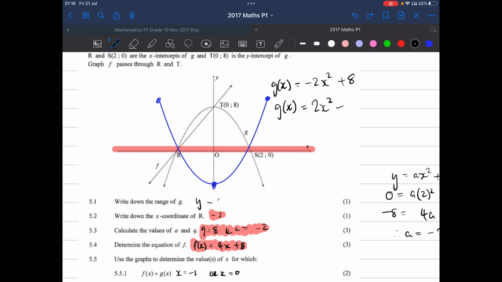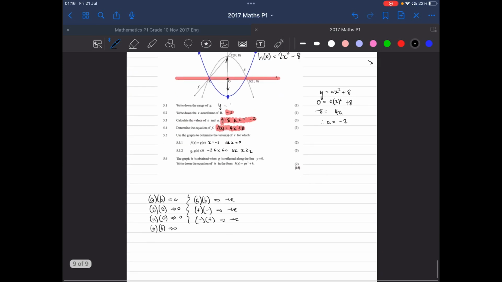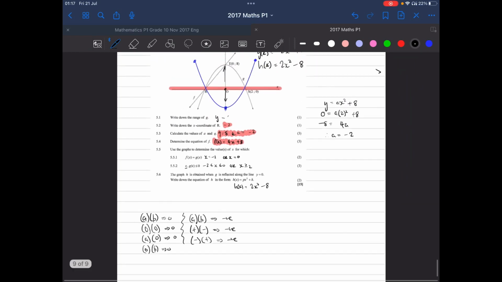And now we won't have plus 8, we'll have minus 8, because you can see that we moved down instead of moving up. So this is no more g of x, this is h of x. So h of x is equal to 2x squared minus 8.